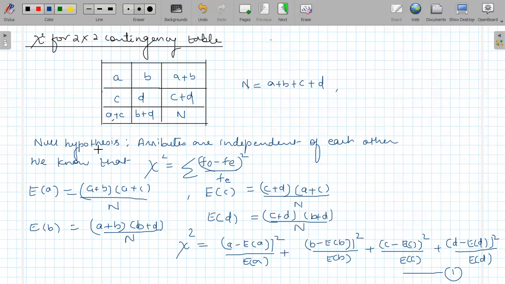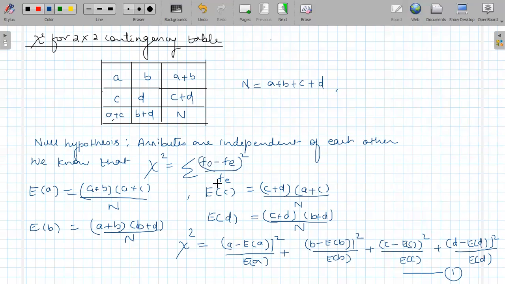So we always take the null hypothesis that attributes are independent of each other. These are the frequencies of different combinations of the attributes, right? So we know that the formula for chi-square is FO minus FE whole square divided by FE.